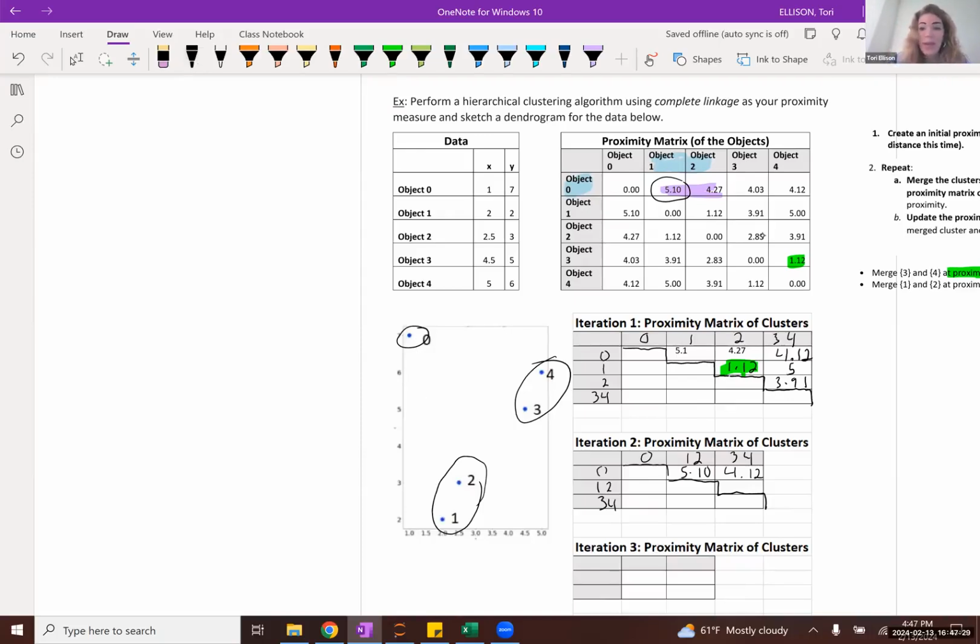Okay. And we'd also want to calculate the distance between cluster 1, 2 and cluster 3, 4.